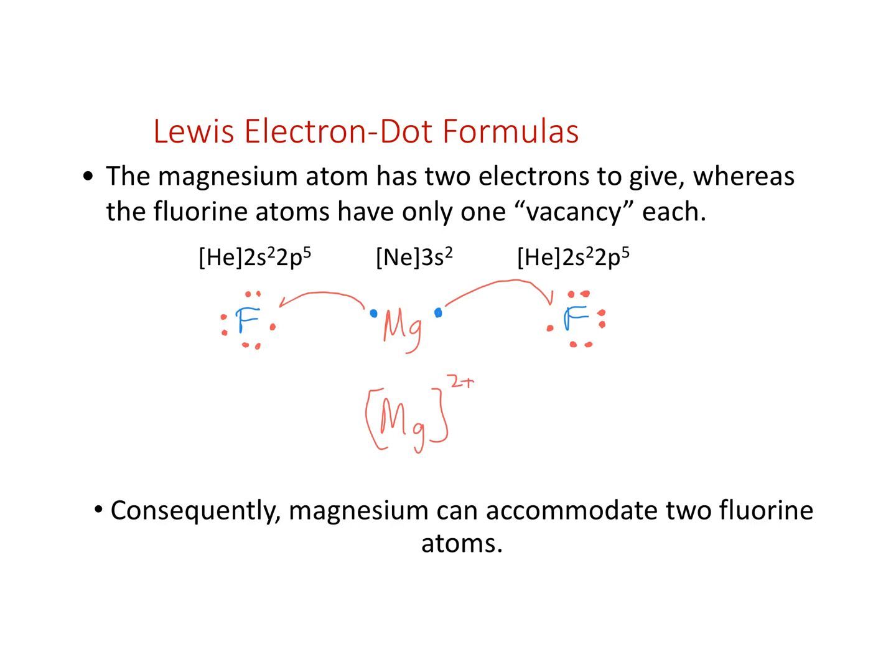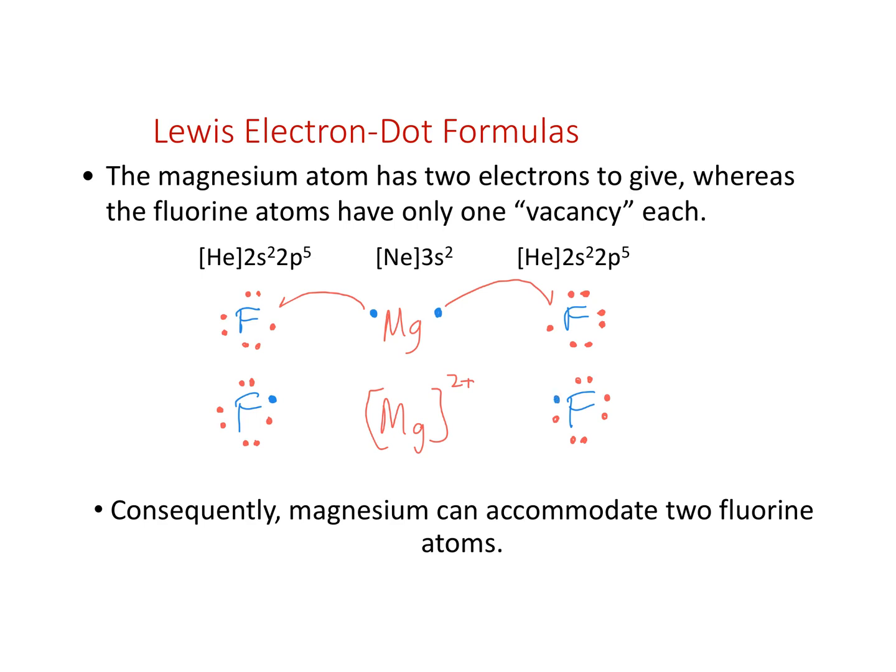If I take a look at the fluorines, each fluorine had 7 valence electrons going into the reaction. And here's my 1 electron from magnesium.